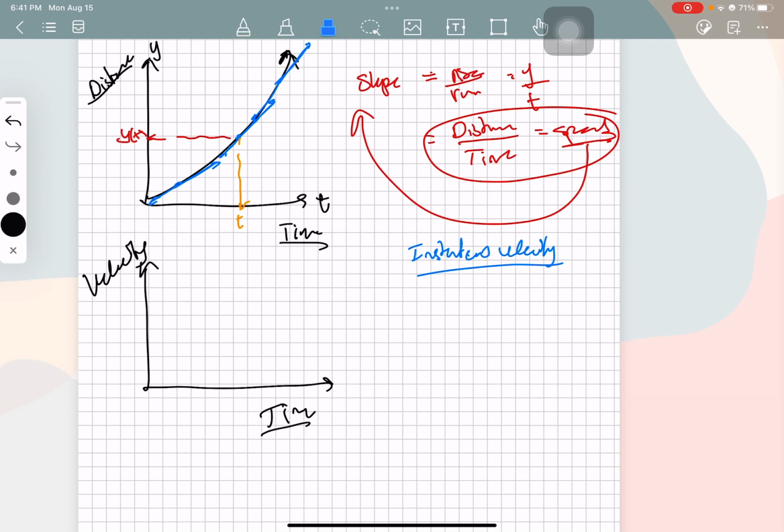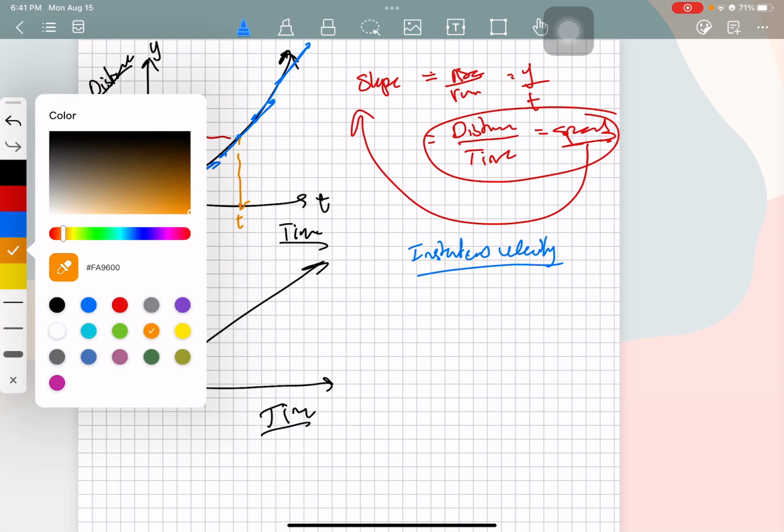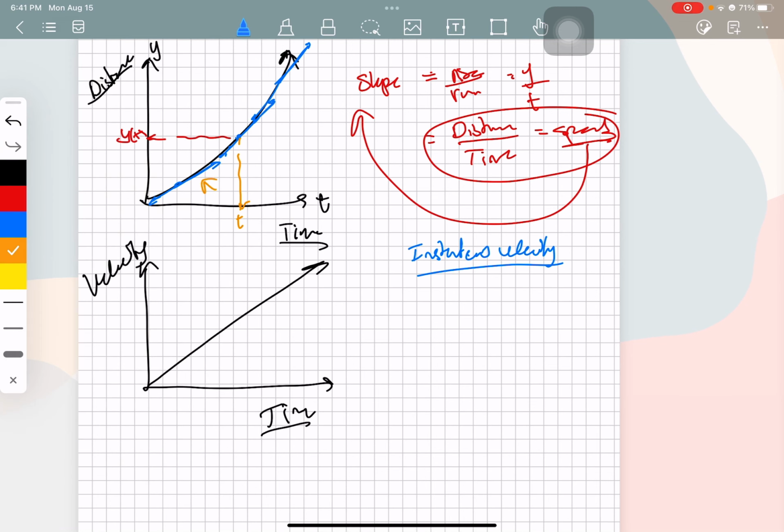We're saying at some point in time, this is your speed, a constant line, because we just got one of these. So this is my velocity: the velocity-time graph. The time is still the same, but the y-axis changed, it's now velocity, and the x-axis is still time.